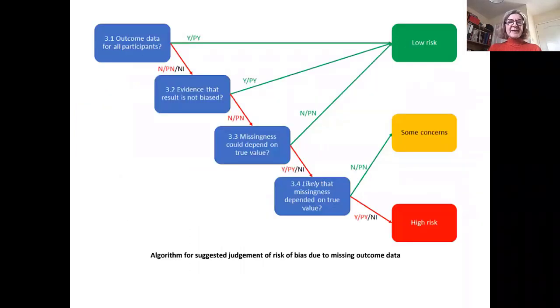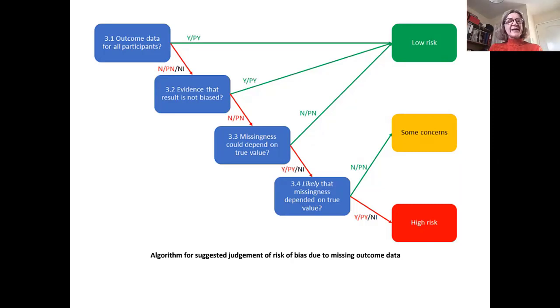Okay, on to domain 3. And again, domain 3 didn't score particularly highly on the poll, interestingly. This is a missing data outcome, and we're asking about whether there's missing data. Again, the signaling questions are quite detailed and help you to think this through in quite a bit of depth.